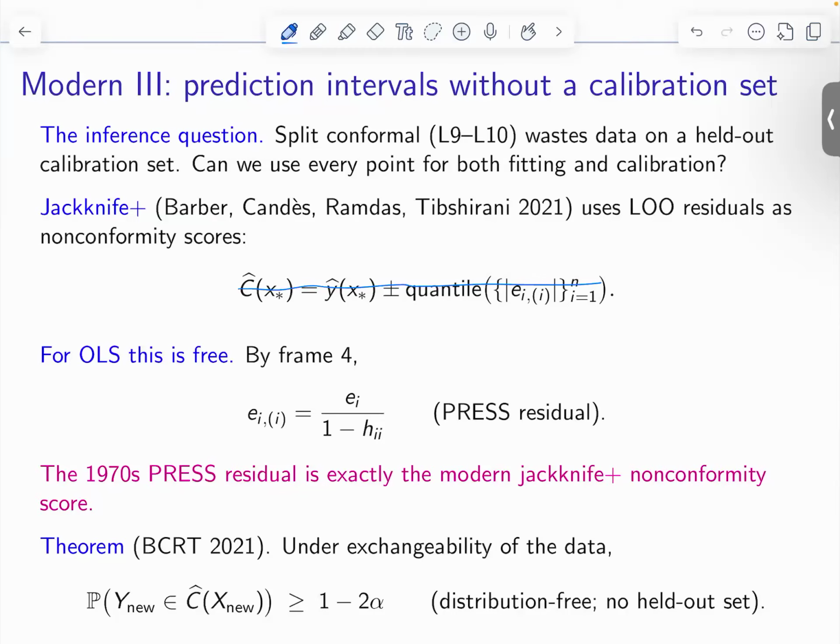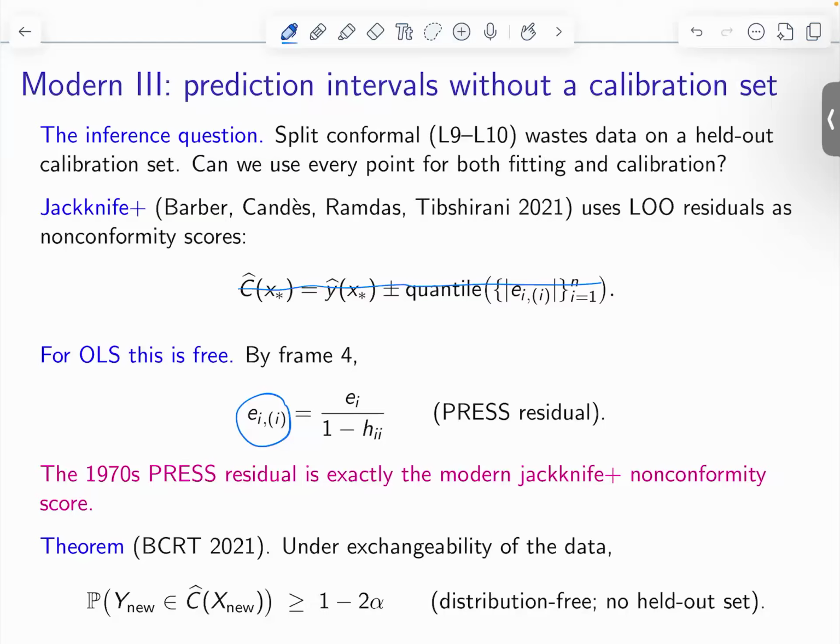One question is, can we do better? Can we use all our information, all samples in training and also calibration? There's this jackknife idea, or jackknife plus, that tries to do that based on these residuals. If you remember, these residuals have the same idea: you train on everything but the ith data point and then try to predict it.